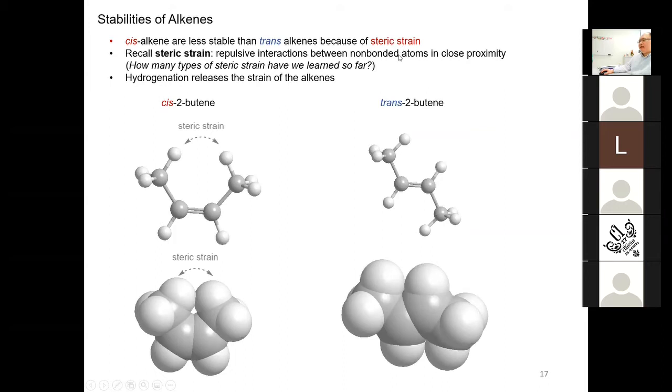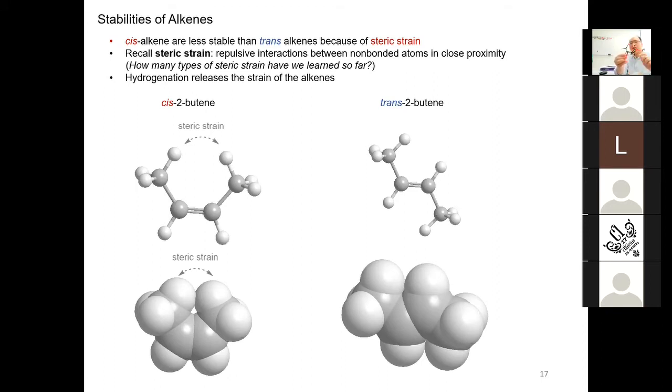Do you guys still remember what steric strain is? As we learned, it's a repulsive interaction between non-bonded, that's important, non-bonded atoms in close proximity. And how many types of steric strain have we learned so far? We have the boat conformer, do you still remember? I happen to have a model, see?